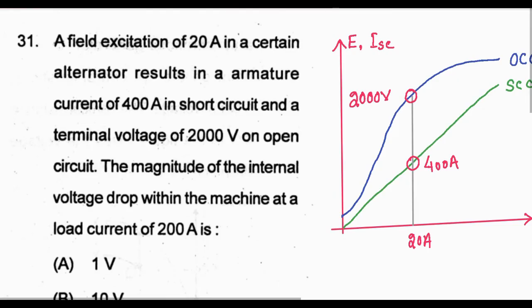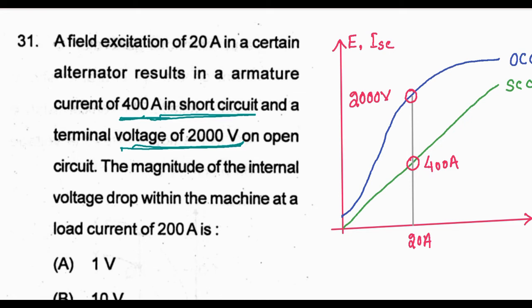Next question: a field excitation of 20 ampere in a certain alternator results in an armature current of 400 ampere in short circuit and a terminal voltage of 2000 volt on open circuit. The magnitude of internal voltage drop within the machine at a load current of 200 ampere is.